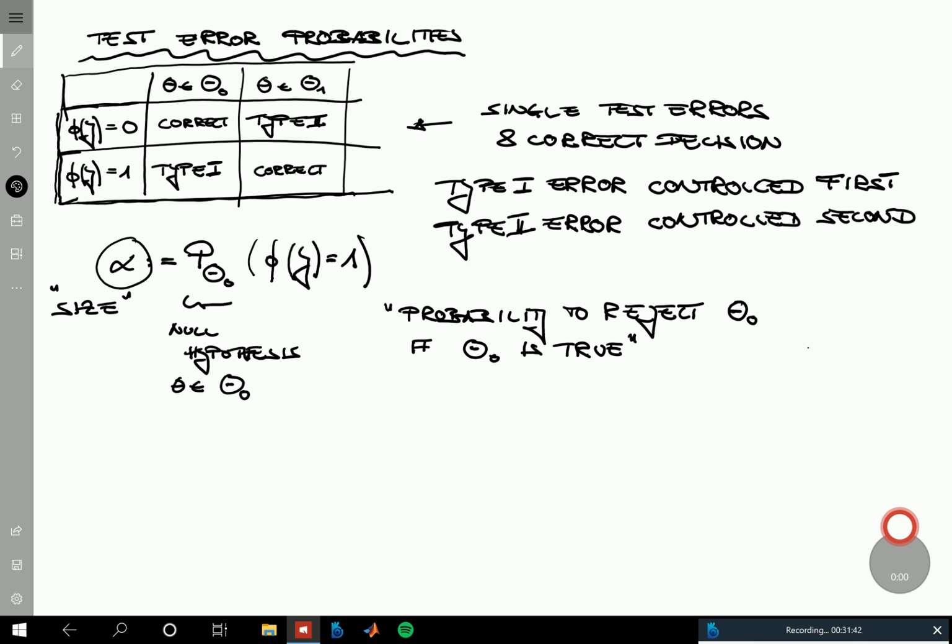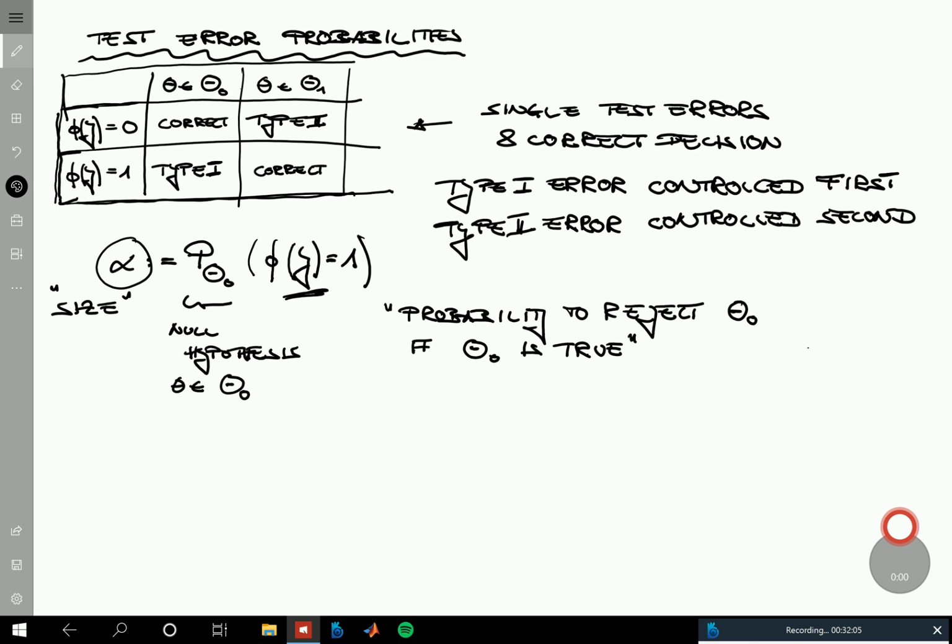Again, you get these probabilities by looking at the test statistic, because the probability for the test statistic to be in the rejection region and the probability for the test to reject the null hypothesis are the same thing.